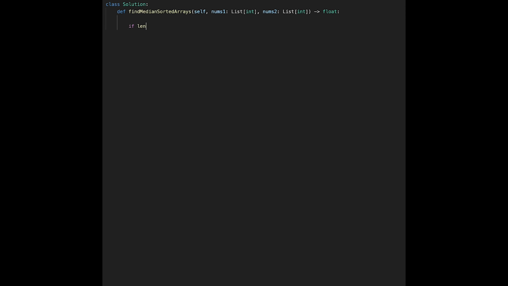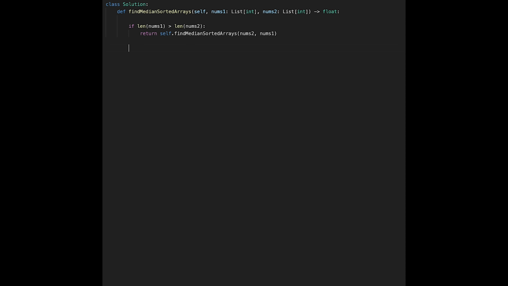First of all, if the length of nums1 is greater than the length of nums2, in this case we swap the two arrays, so return self dot the same function again, with nums1 being nums2 and nums2 being nums1. Since one of the arrays can be significantly longer than the other, we always perform binary search on the shorter array.